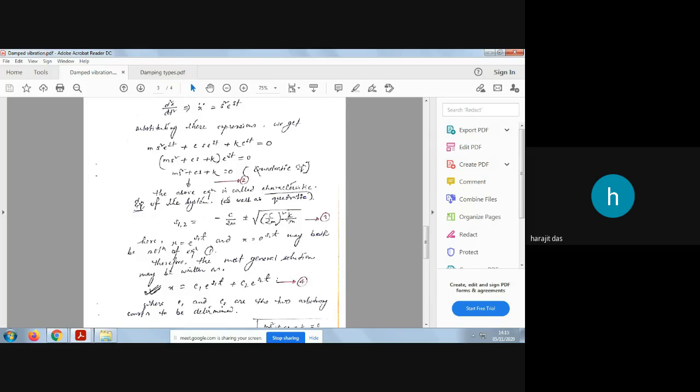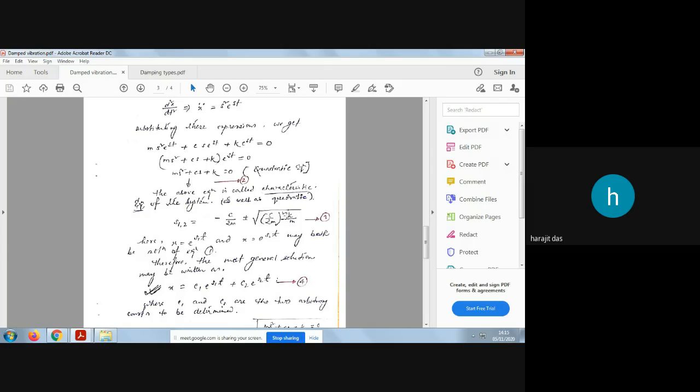So if we can introduce some term exactly equal to c by 2m, then this radical sign will vanish, because 1 minus 1 will be equal to 0, that means x minus x will be 0.